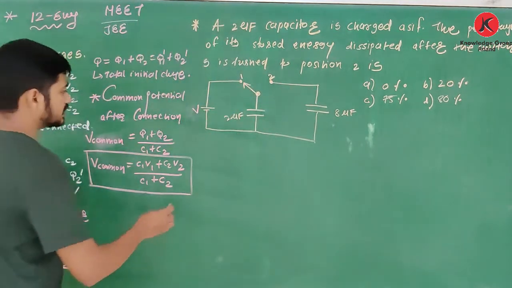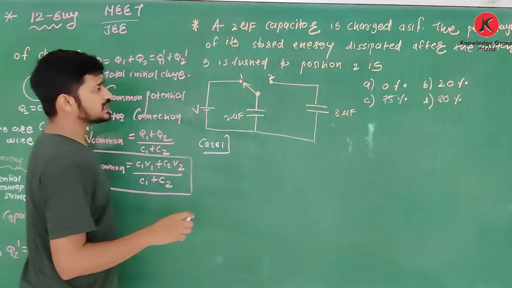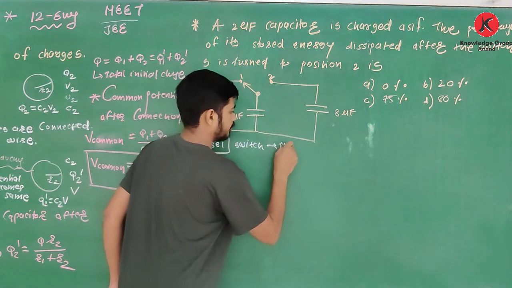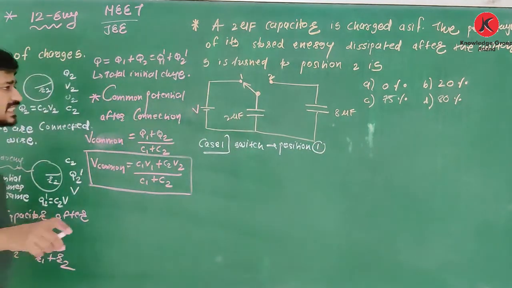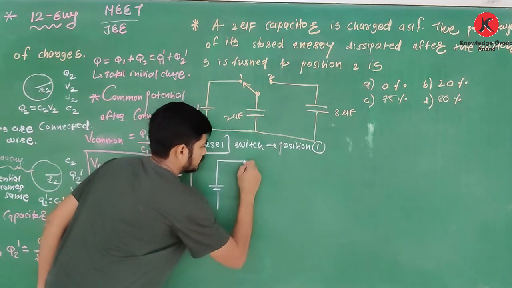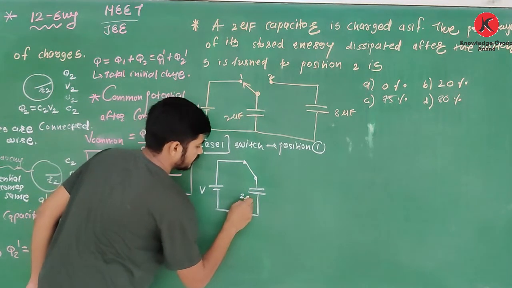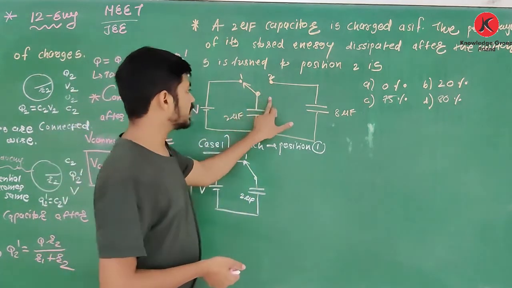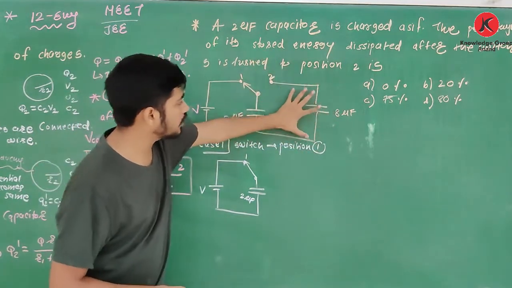First case: when the switch is in position 1, the figure is like this. Here it is V and here it is 2 microfarad. Because there is no connection, it is called an open circuit, so we do not have to consider this.